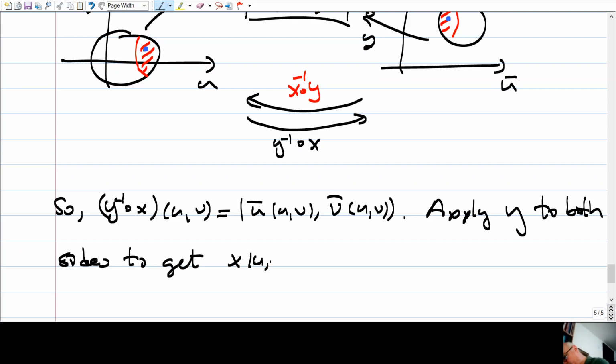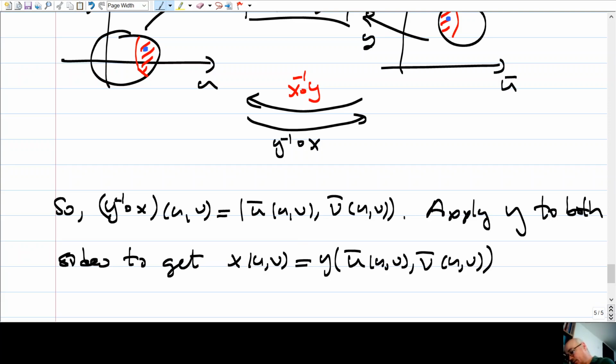X of uv. So it is just Y of u bar of uv, v bar of uv, and this is what is claimed in the theorem. What about the uniqueness of u bar and v bar?